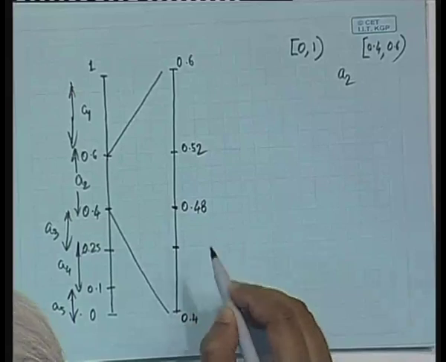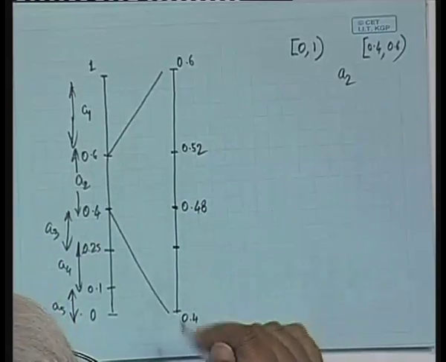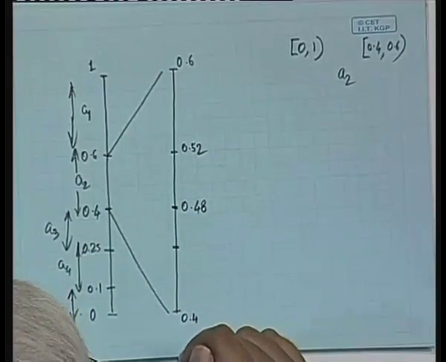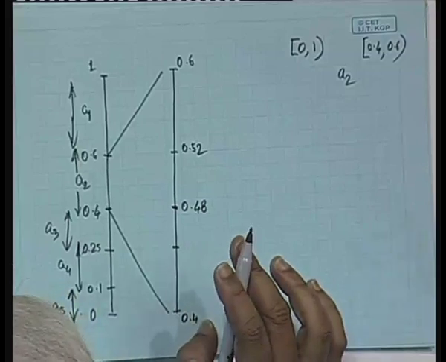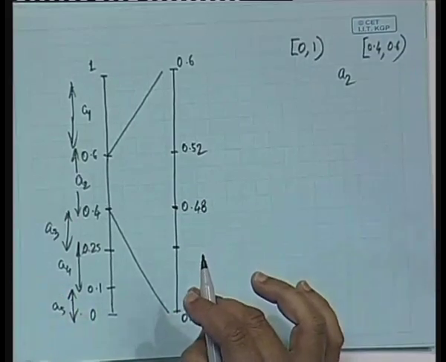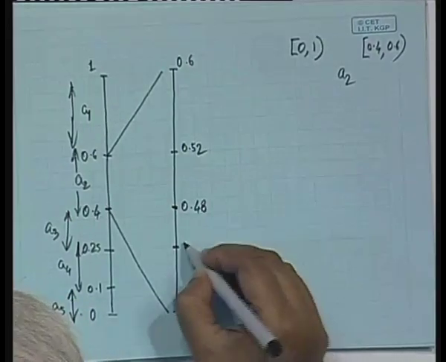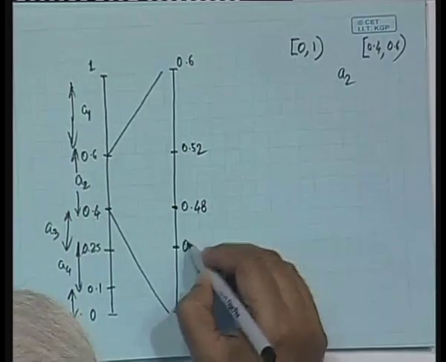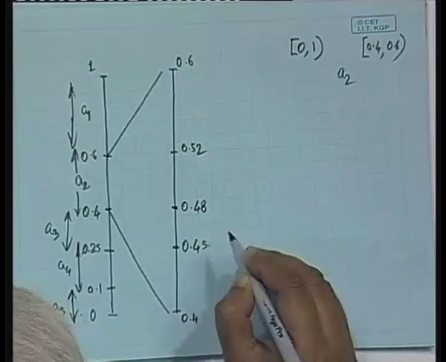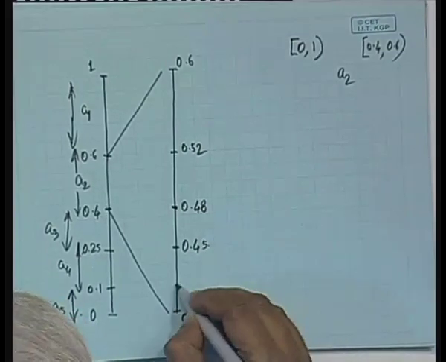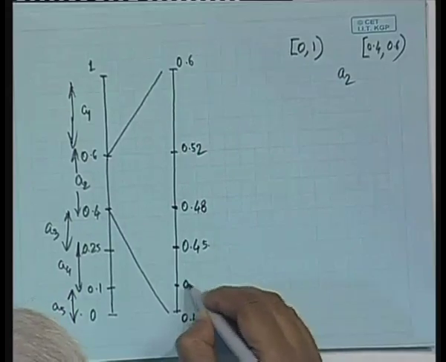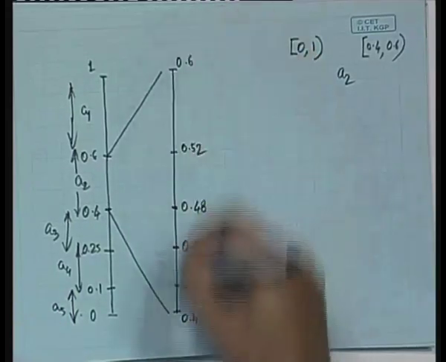And what is going to be this one? 0.4 to 0.6, 0.2, so 0.2 is 25%, that means 0.05, so this will be 0.45, and this is going to be 0.42, yes, 0.42. So these will be the sub parts.